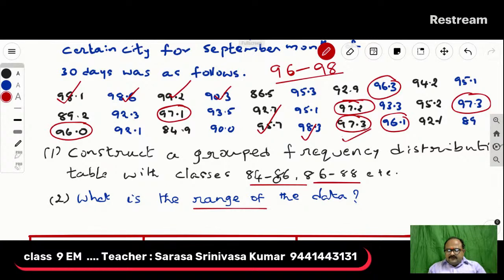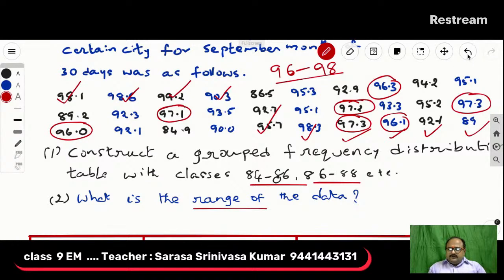So this is verified now. So how many observations are there in the class interval 96 to 98? 1, 2, 3, 4, 5, 6, 7. 7 observations are there in this class interval.